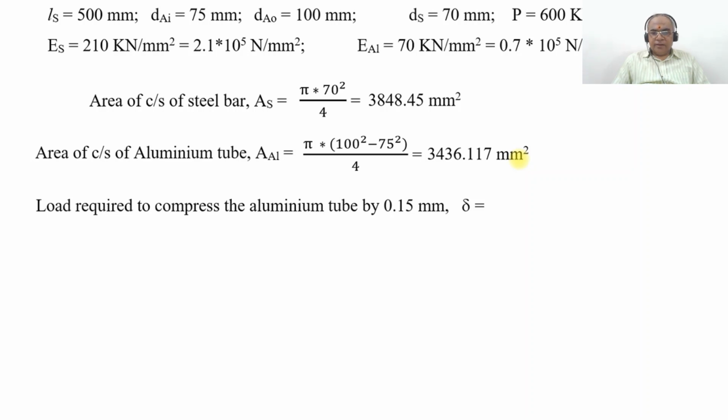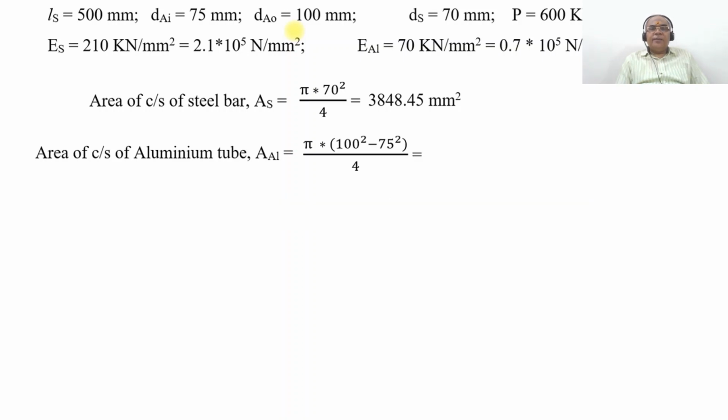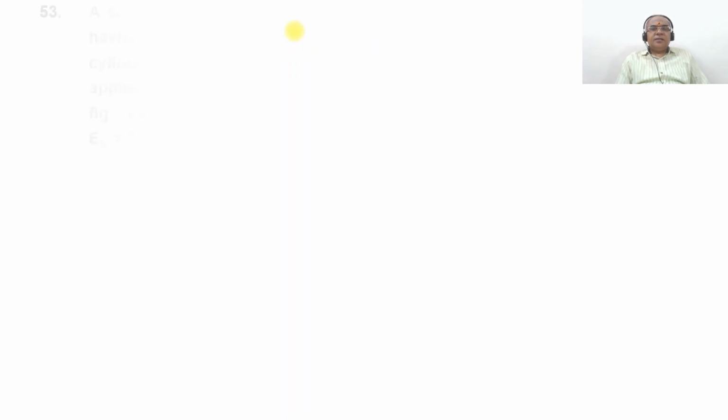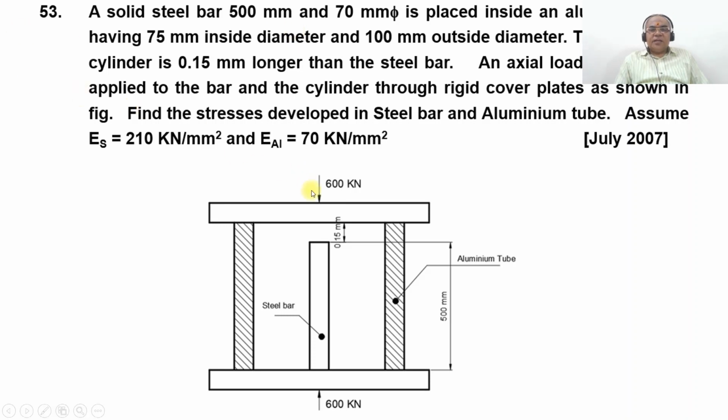Now once you get this, we go for the load required to compress the aluminum tube by 0.15 mm. So that is delta, which we need to know. Delta is equal to P into L by A into E. We know delta, and we know the length of the aluminum tube, because the aluminum tube is the one which is in contact with the rigid plate once the load is applied in the beginning. I will explain here. You can see that the 600 kN is applied first to the aluminum tube.